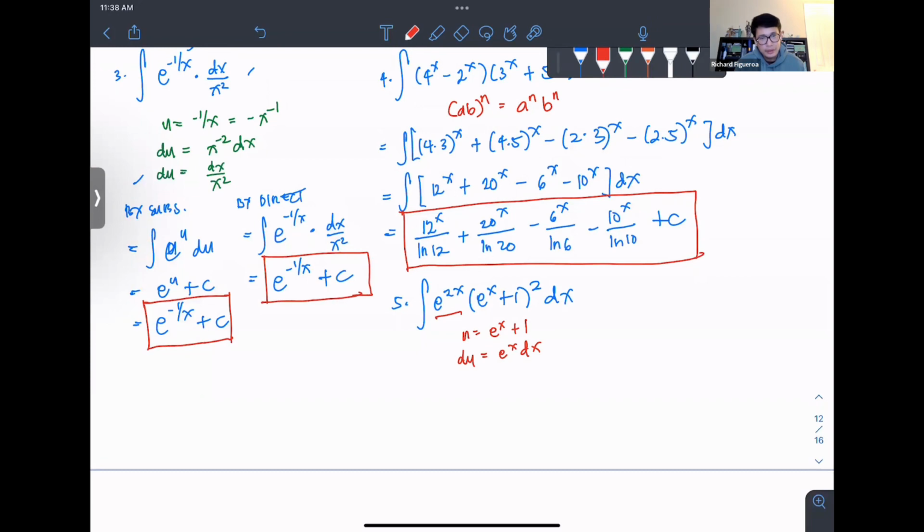So therefore, we cannot even make it as e^x times e^x and then afterwards neutralize it by e^x. The others, what they did is they made it (e^x + 1)^2, and they multiplied with e^x dx.